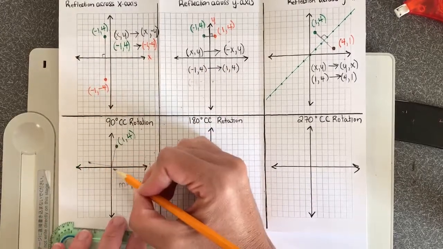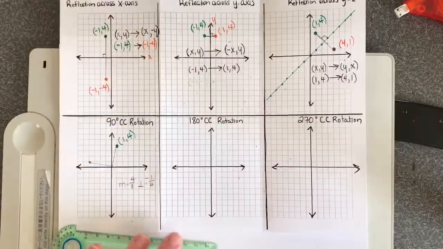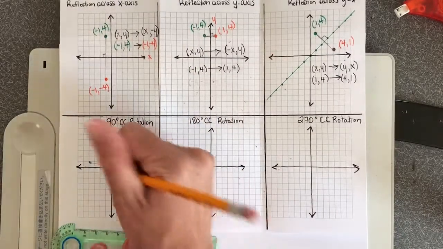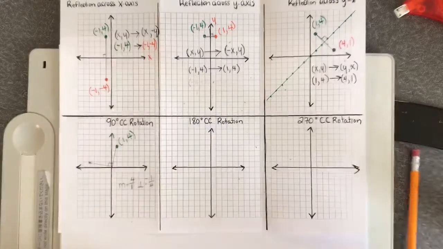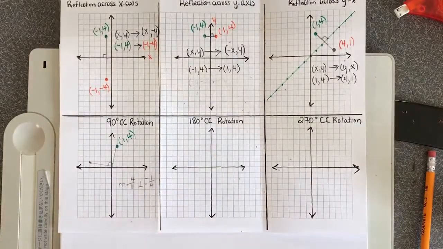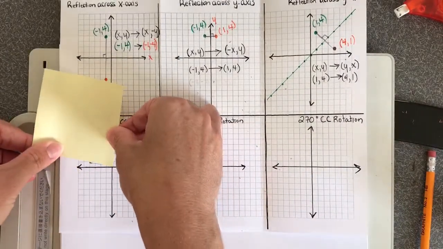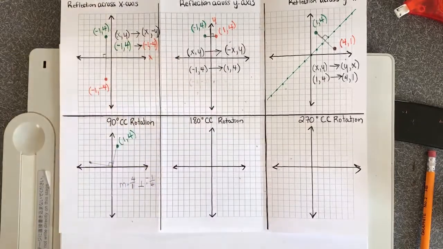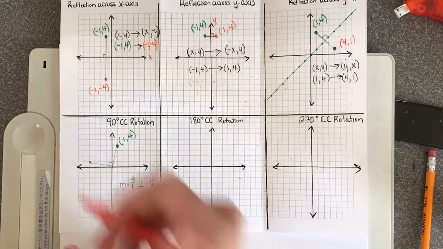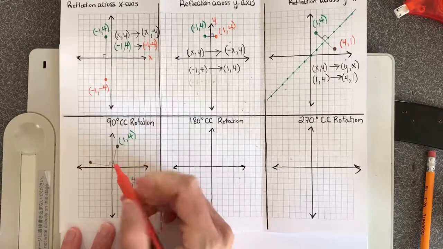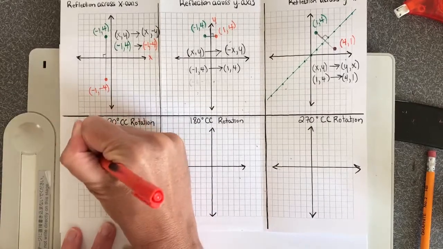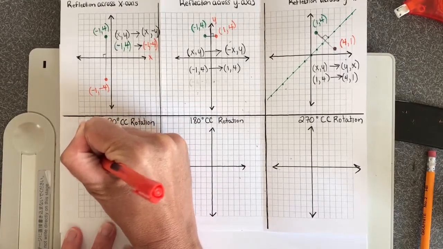So down 1, right 4. And do you see the right angle here? Again, if you need to, take a Post-it note, stick it to see that right angle. Got it? So what point did I just graph? I graphed the point -4, +1.